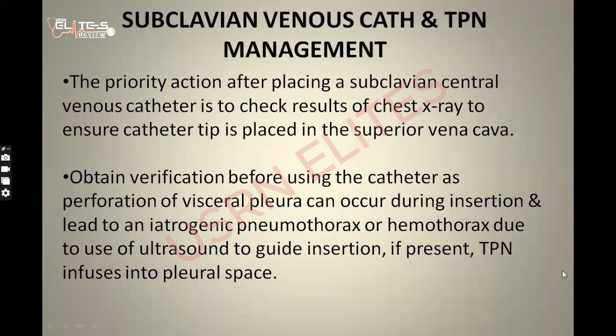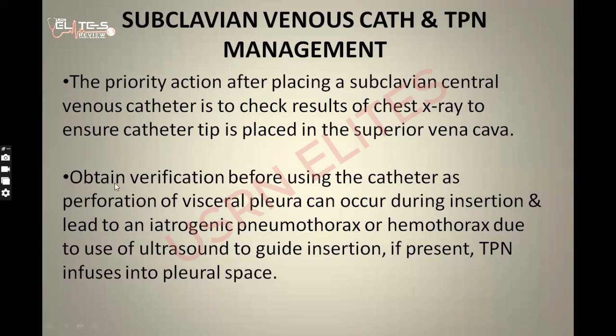You can just imagine what will happen. So you always make sure that before you use a central line, especially any newly passed central line, you confirm with what? A chest X-ray. Please, not only subclavian or internal jugular, even with peripherally inserted central catheters and the femoral one too, it is ideal for you to check placement using X-ray. That's what the first point is trying to say.